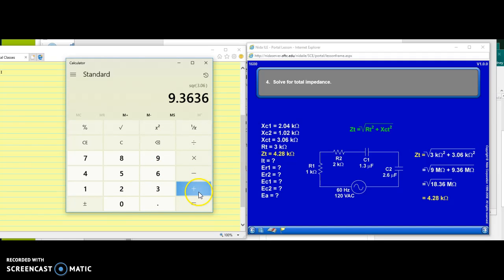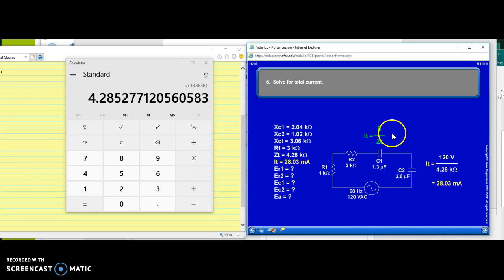I can hit the square button. Then we can add 9 equals, and that's 18.36. So we got the 9 and the 9.36. We added them together, and we're going to get the square root of that, which is going to give us 4.28 as our ZT.